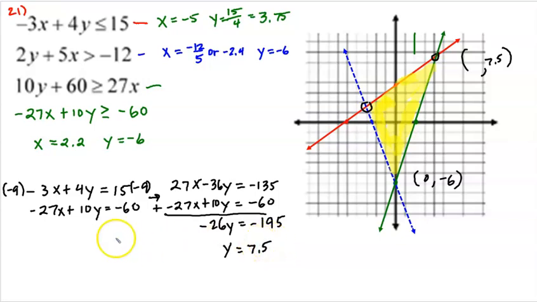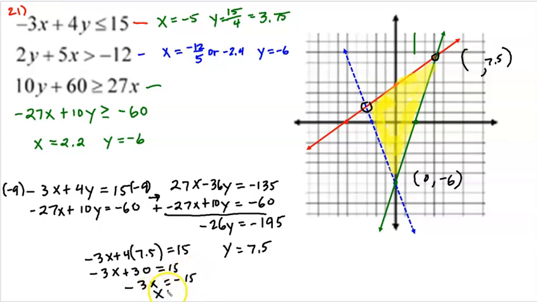Okay, let's see what the x coordinate is if we plug in 7.5 for either one of these y's. So -3x plus 4 times 7.5 is equal to 15. So 4 times 7.5 is 30. -3x is -15, so x is +5.